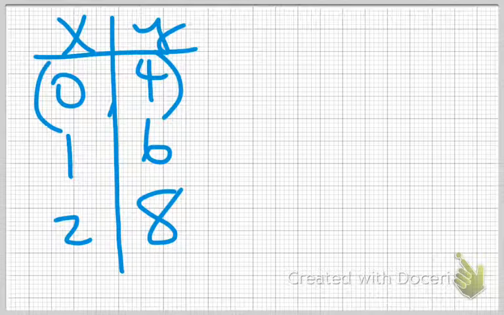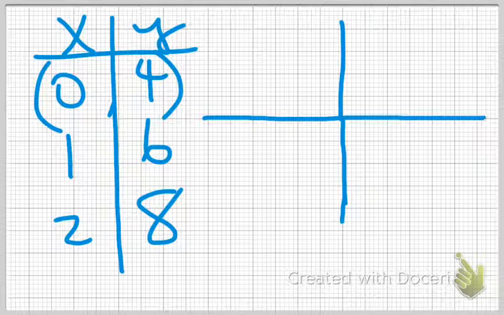So on this graph paper, I make my y-axis. I don't know why I usually make that one first. Then I make my x-axis, and we number 1 and 2 and 3 and 4 and 5 and 6 and so forth.